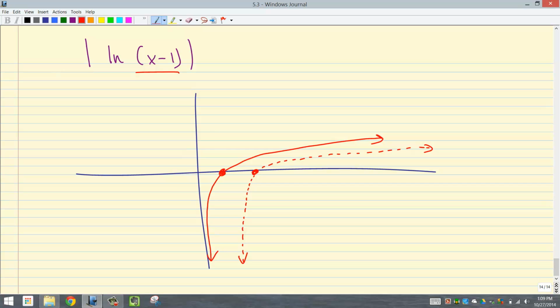And now what does the absolute value do? It makes everything positive. If something is already positive, does it change it? No. So all of this stuff along here stays the same. Everything that's already positive stays positive. But everything that's negative gets shifted up.